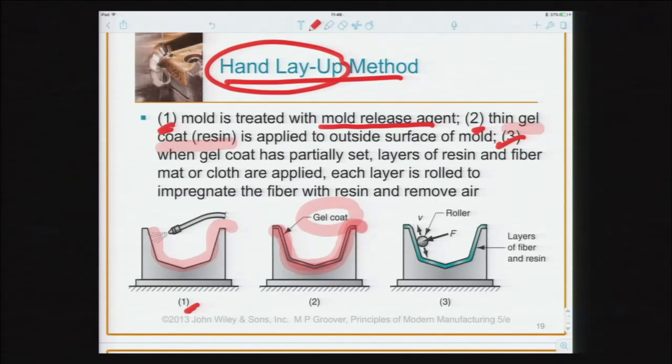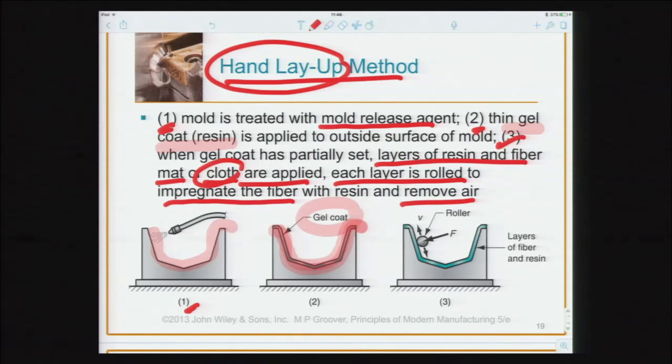When gel coat has partially set, layers of resins and fiber mat or cloth are applied. Layers of resin and fiber mat or cloth. You have seen this term before, right? Mat, cloth. Each layer is rolled to impregnate the fiber with resins and remove the air. Alright, so it's called hand layup because you use human hand to apply the composite sheet and then use a roller to get a smooth surface and remove air.